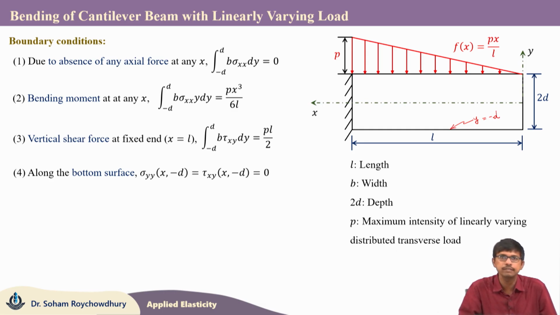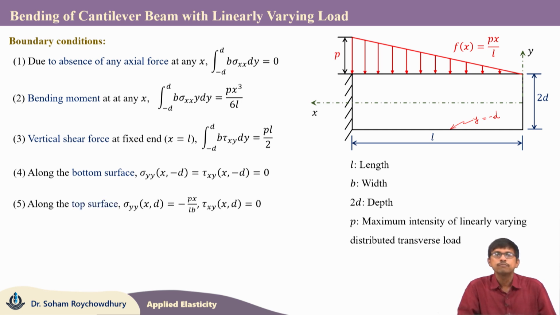So, both sigma y y and tau x y should be 0 for the bottom face, whereas for the top face, defined by y equals plus d, tau x y is 0, but sigma y y, the normal traction, is non-zero. Normal traction is acting like this for the top face, and that is non-zero because of this p x by L.